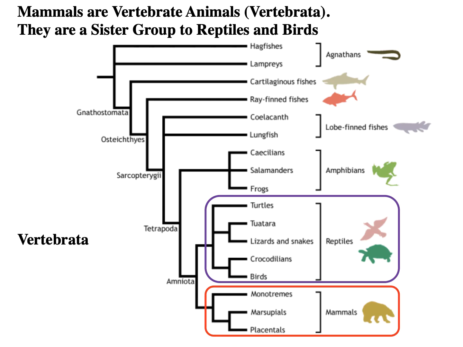Okay, so let's move a little further back in evolution. So here are the mammals down here, and they have a sister group known as the reptiles. Those have a sister group that split off from them earlier, the amphibians, and then the lobe-finned fish here, the ray-finned fish here, and then hagfish and lampreys, which are known as jawless fish, which evolved some 400 to 500 million years ago.